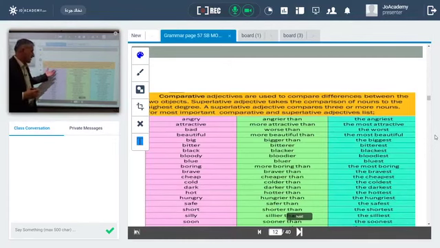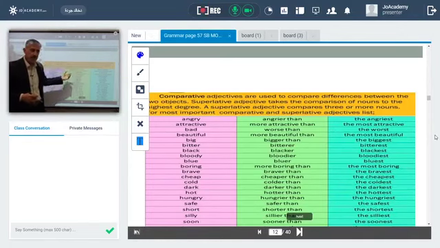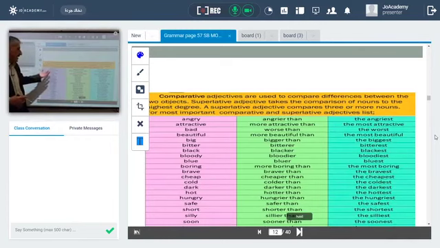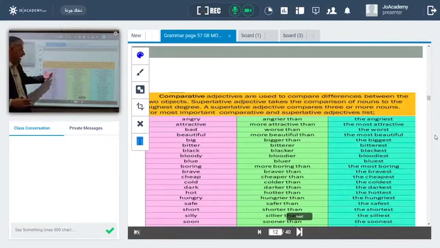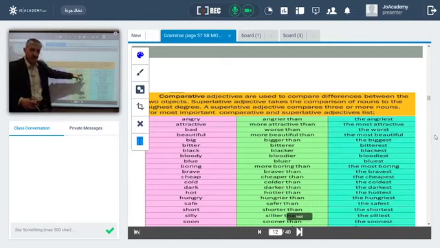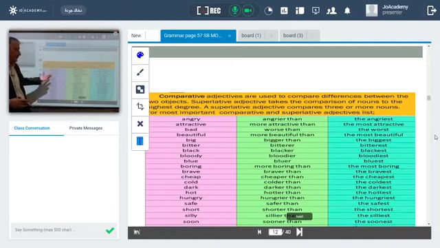Here we have angry. We drop the Y, it becomes angrier than. He is angrier than his friend. Attractive, 3-syllable adjective, more attractive than. We have bad becomes worse than. We have beautiful, 3-syllable adjective.